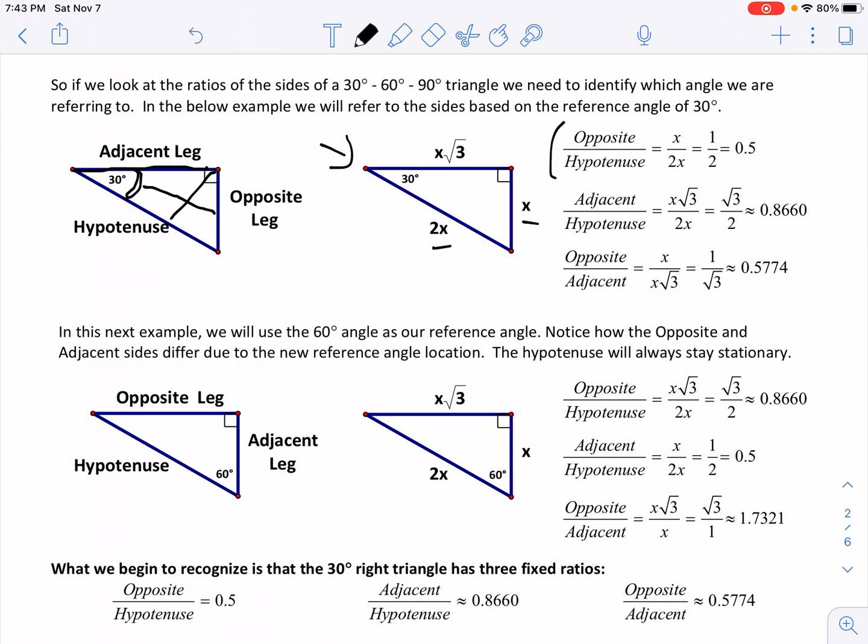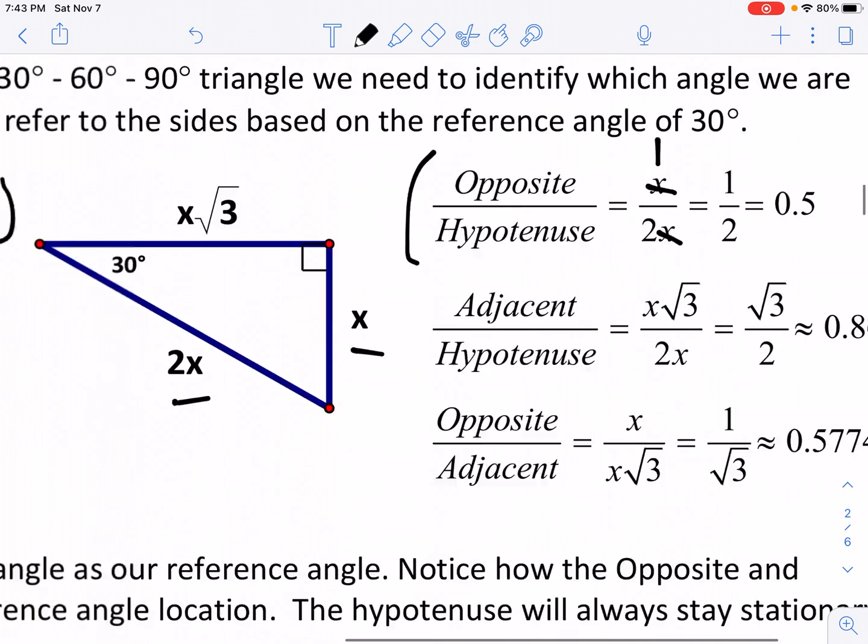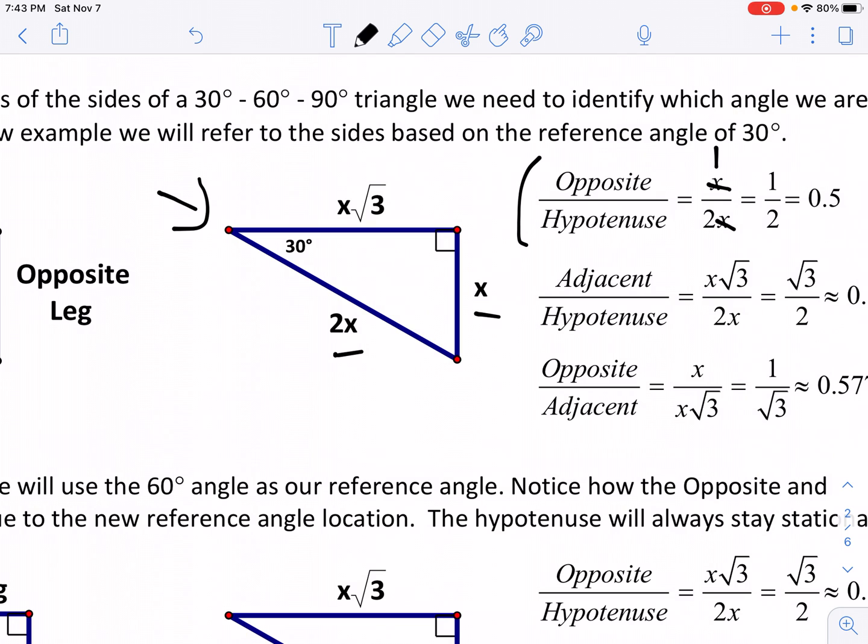If I divide this out, the x's cancel, and we get 1 over 2, which is 0.5. If I take the ratio of the adjacent side to our reference angle over the hypotenuse, that would be x times the square root of 3 over 2x.